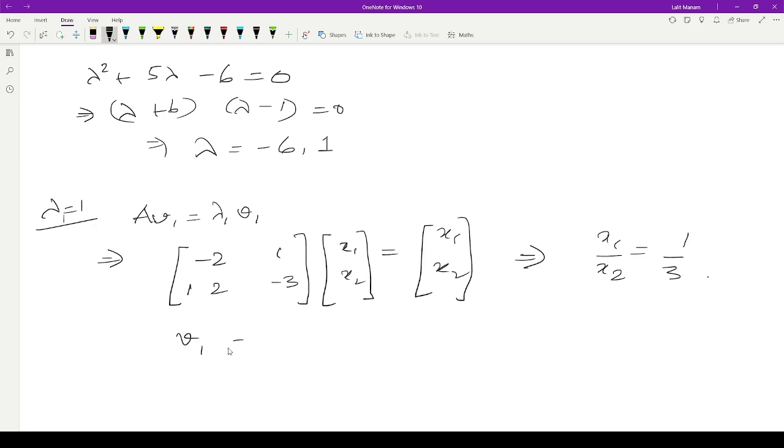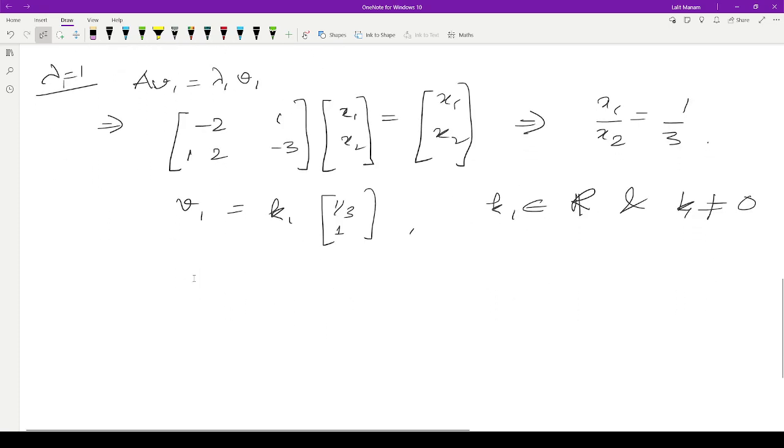So our v1 will be some constant k1 times (1 by 3, 1), where this constant k1 belongs to any real number, and k1 is not equal to 0. So with this we get our first eigenvector.